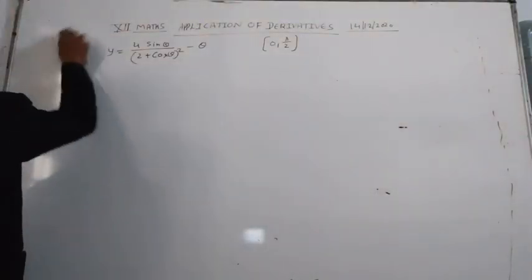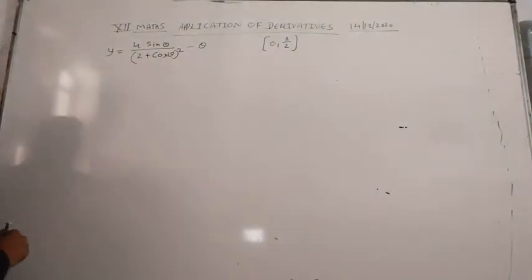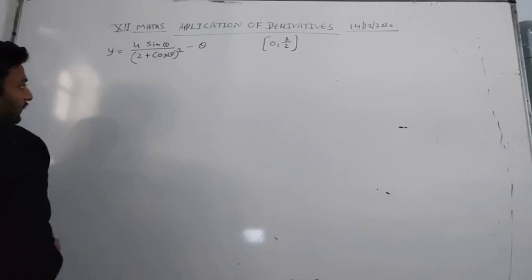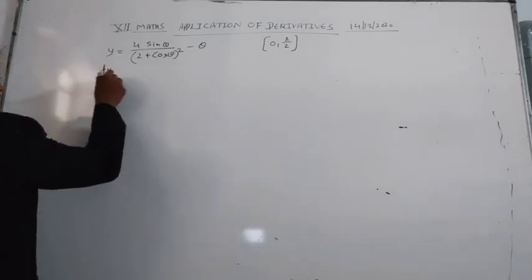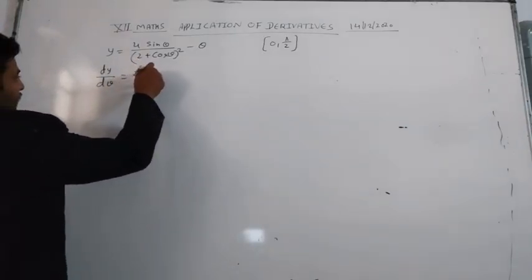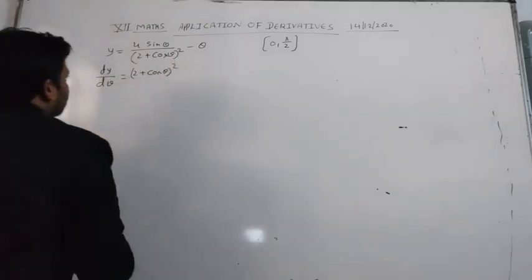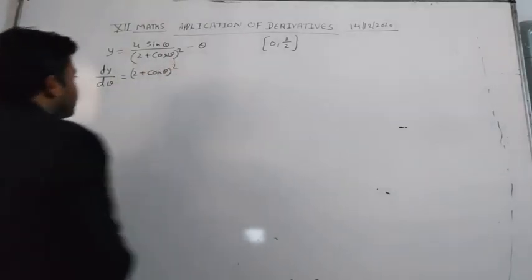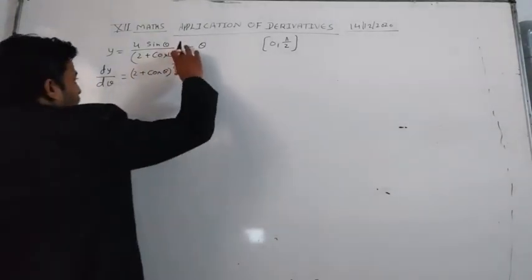Okay, what do we always use to find out the interval? We first take the differentiation of this function. So dy by d theta is d differentiation of n, sorry, here is not square.